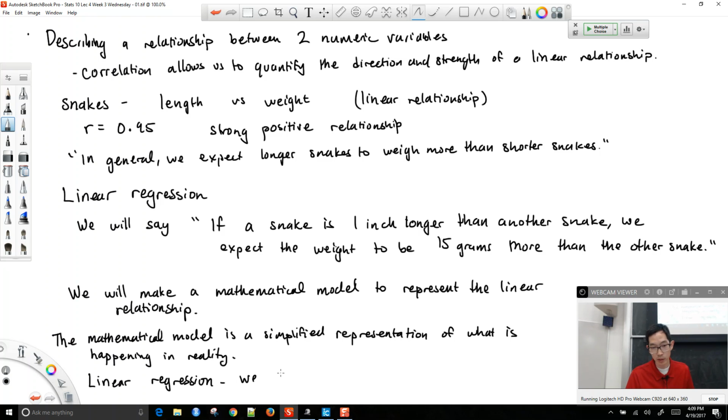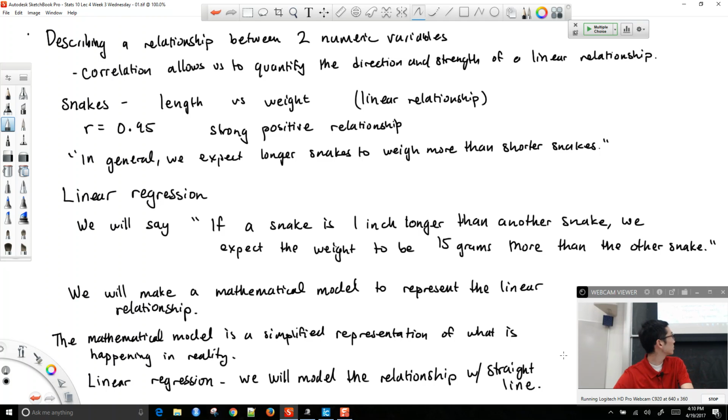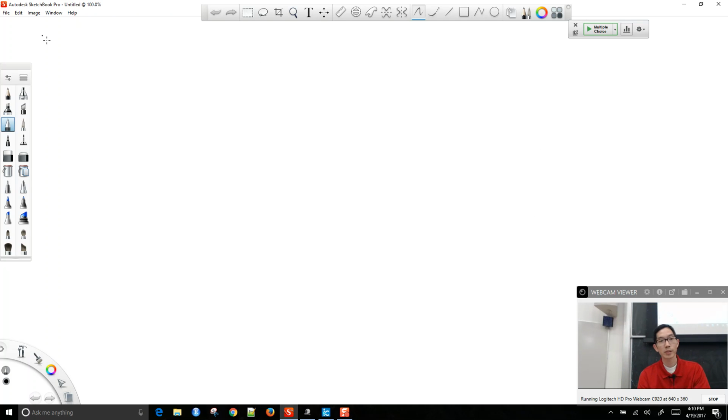Okay, so we will model the relationship with a straight line. And so from algebra, you probably learned that the equation of a straight line is y equals mx plus b.